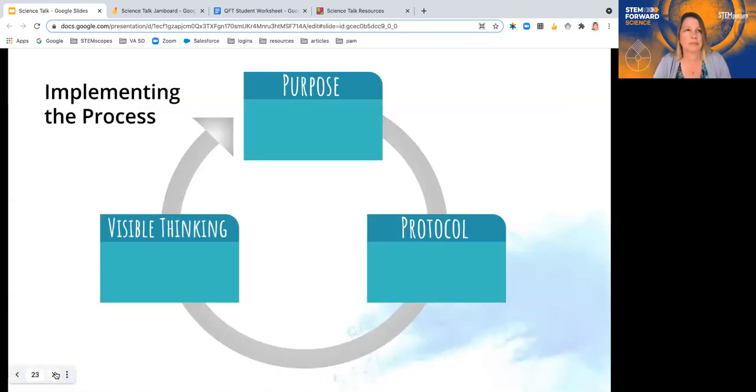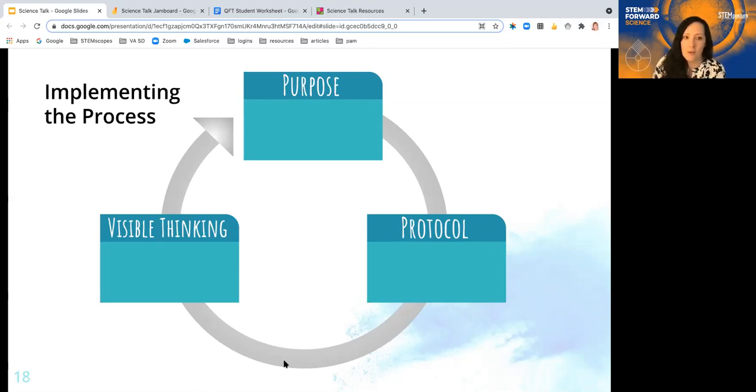And that just brings us back to the process that we use today. So really, to get us to that final part of our journey, we do want to encompass these 3 things. You want to think about, what is the reason for our talk? What is the reason for that meaningful discussion or that student voice that we really want our students to be having in our classroom? And you guys can start brainstorming and thinking about the purpose of having that incorporated. And then once you decide on that purpose, your next step would be to bring in a protocol.